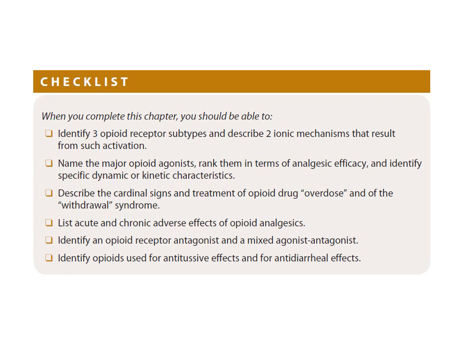Then you should know the adverse effects of the opioid analgesics, both acute and chronic. You should be able to identify opioid receptor antagonists, which are pure as well as mixed. Then you should know that various opioid analgesics also have other effects besides causing analgesia, like antitussive effect and antidiarrheal effect.